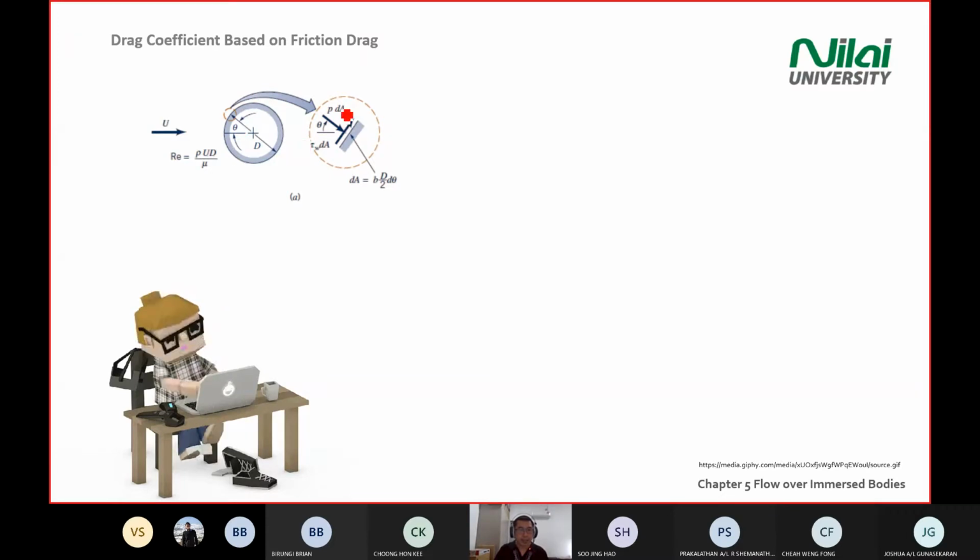And we measure, if you look at a very, very small area here, we zoom out, we get this diagram. So we have a small area here, the A. How we calculate the A that we use is d divided by 2 d theta.